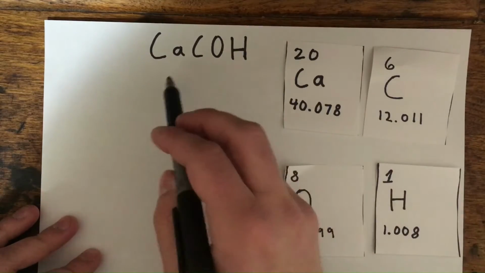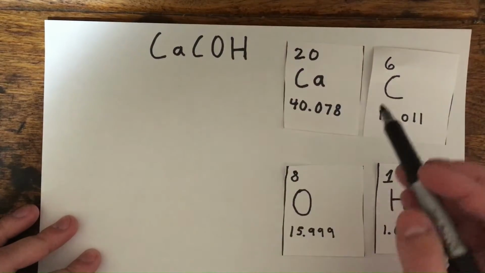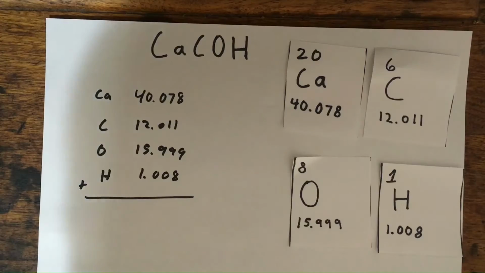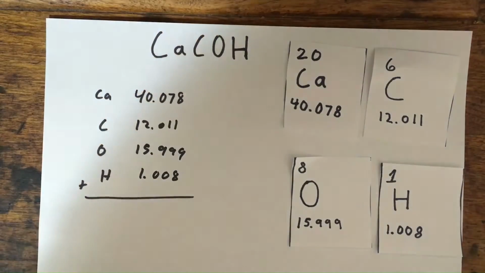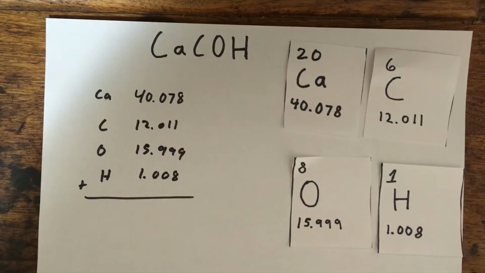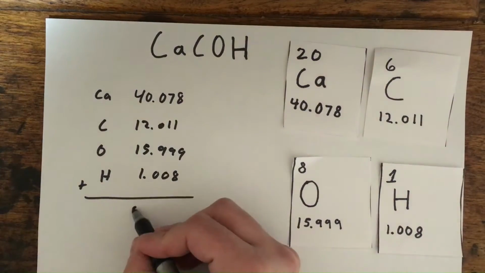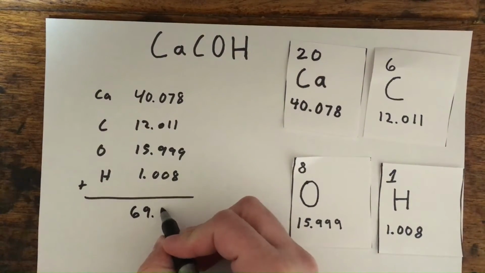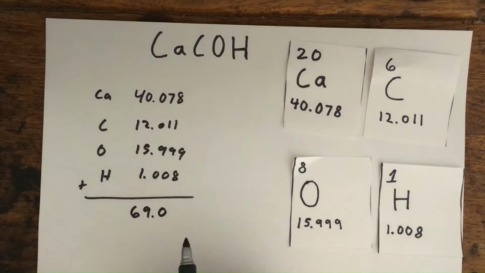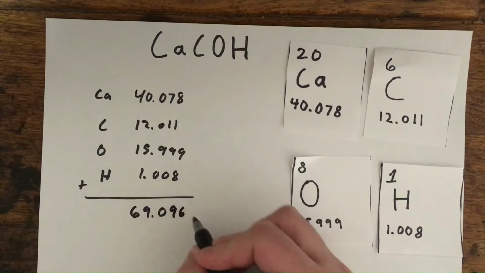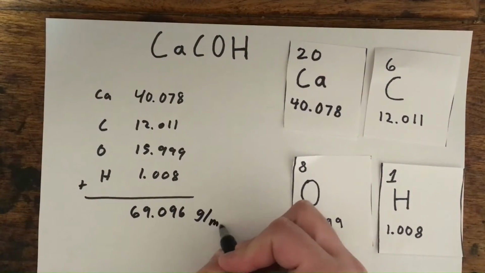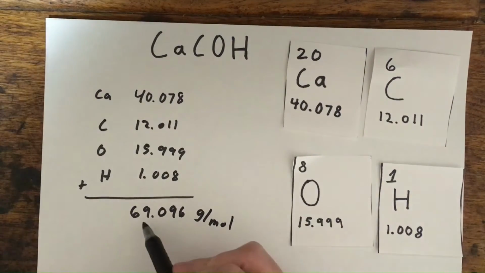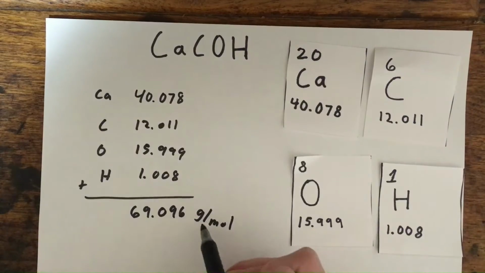Now we just have one of each of them, so it's pretty simple. We just have to add these up. And once you add all of these together, you should come up with 69.096 grams per mole. There are 69.096 grams in 1 mole of this compound.